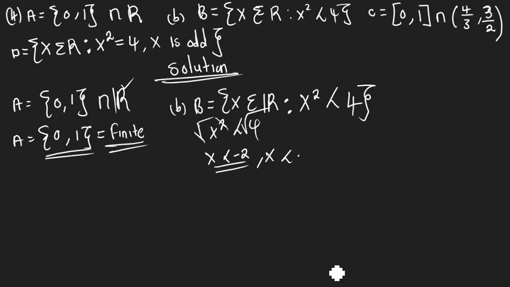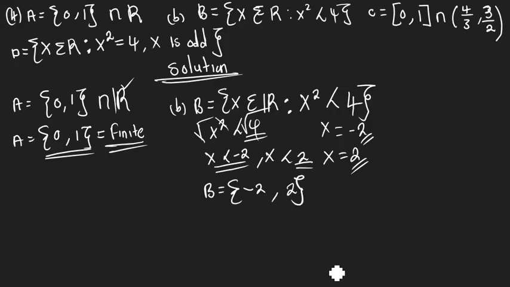What am I doing? Okay. This is just the same as x is equal to -2, x is equal to 2, but this is okay because both -2 and 2 are less than 4, right? Correct. Now you have a set of -2 and 2. Is this finite or infinite?